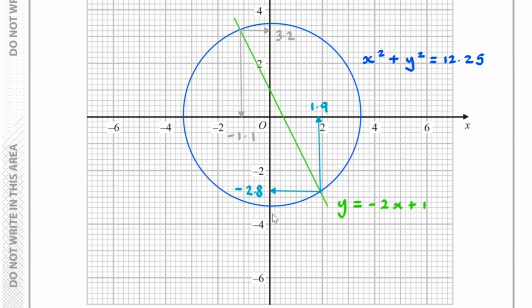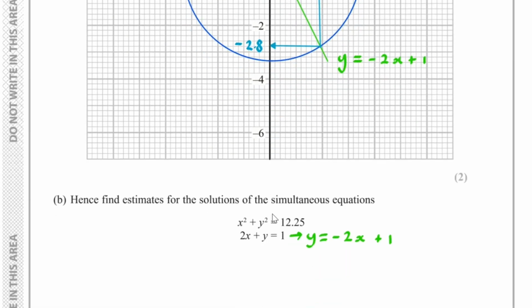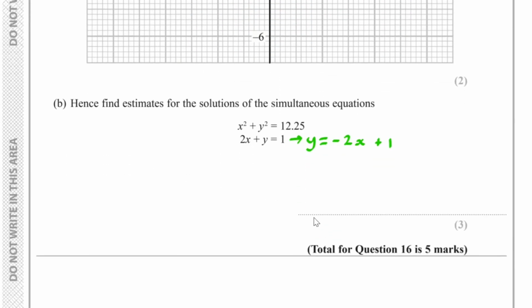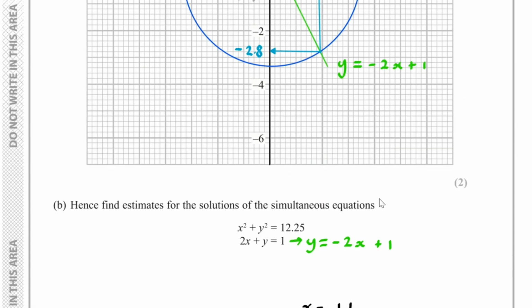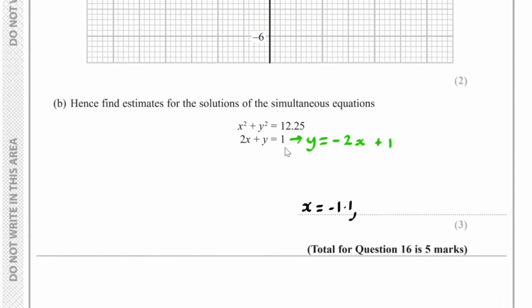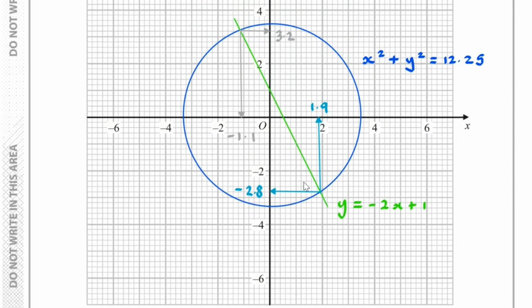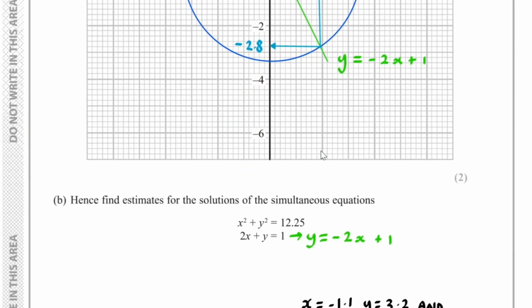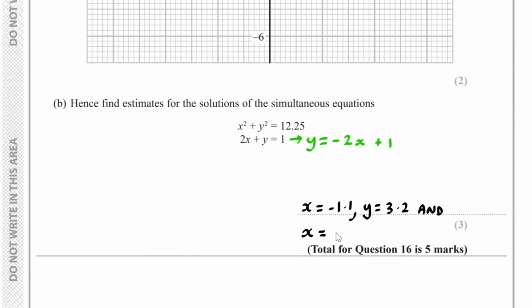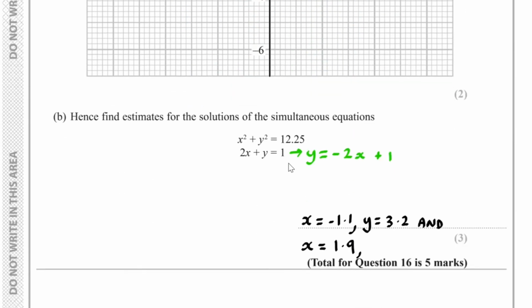So we've got solutions. X equals negative 1.1 and the corresponding y to that was 3.2. And we also have x equals 1.9 and the corresponding y was negative 2.8.